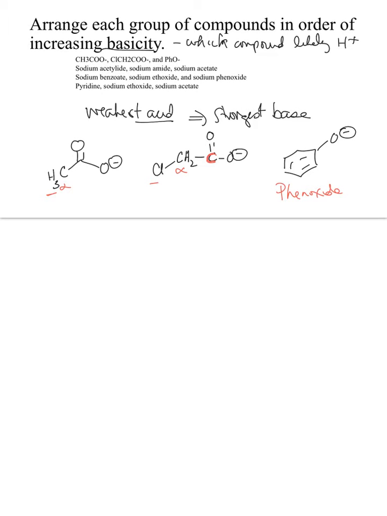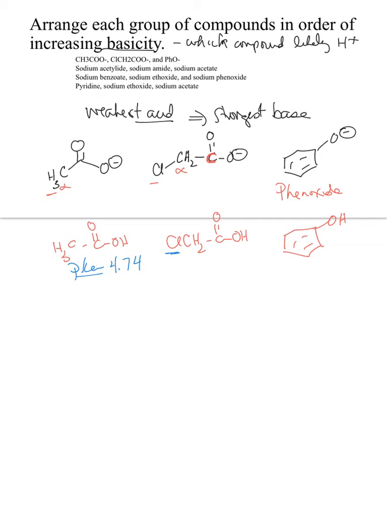So one way you could do this is you could just protonate that and then compare the pKa's. OH, Cl, CH2, OH, CH3, COOH. And you know that the pKa of acetic acid is about 4.74.